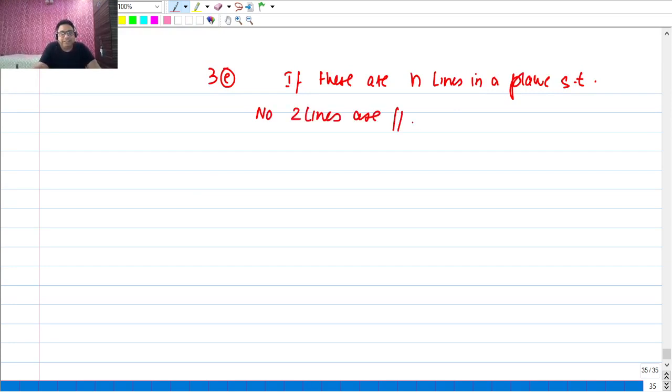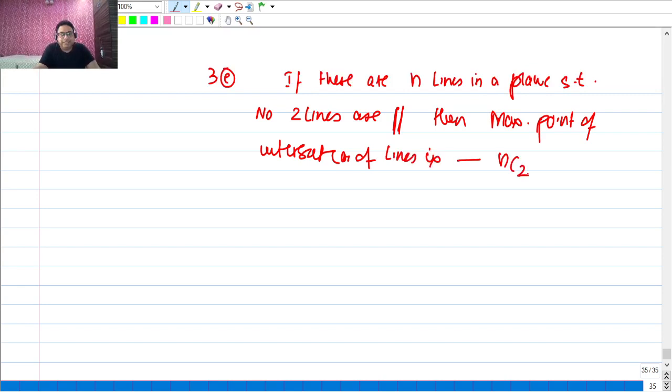So 3E, if there are n lines in a plane such that no two lines are parallel, then maximum point of intersection of lines is NC2.